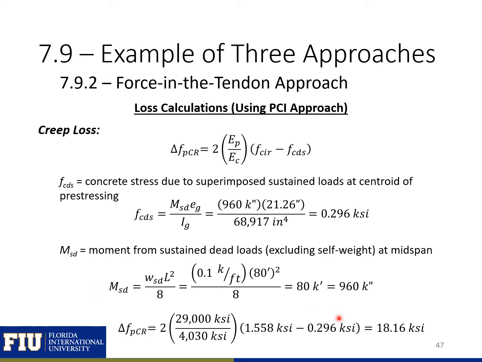And then we can use the stress that we calculated before at the centroid of our pre-stressing strands due to our pre-stressing force and our self-weight moment, minus this stress due to our superimposed dead loads, times our modulus of the pre-stressing divided by the modulus of the concrete considering the ultimate strength of the concrete, and get our creep loss here, 18.16 KSI.